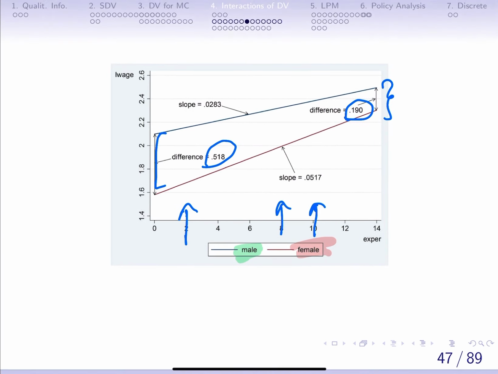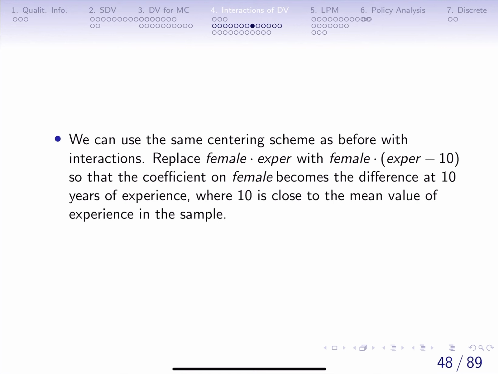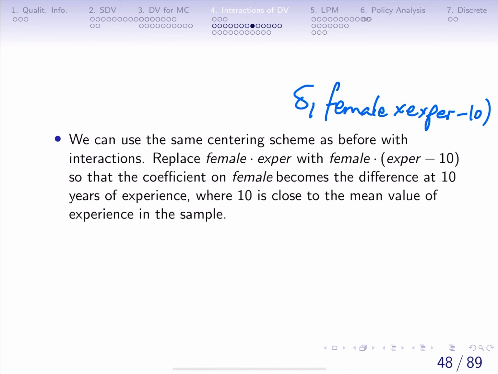Okay, we've also talked about the centering scheme. So this is something you can do if you really wanted to interpret that delta 1. Instead of doing female times experience, you can just do experience minus 10 in your regression, and then the delta 1 can then be interpreted as the coefficient on female, at 10 years of experience.